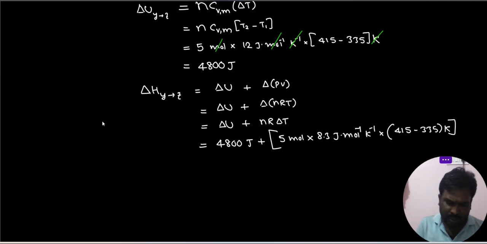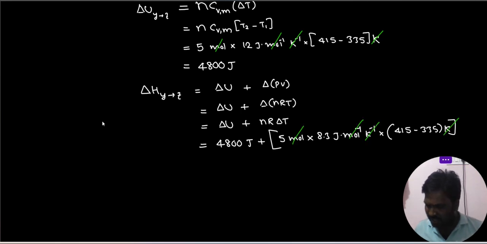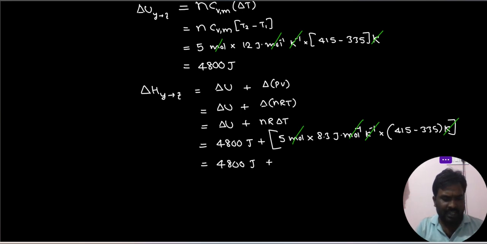Mole and Kelvin cancel, and we get joules.